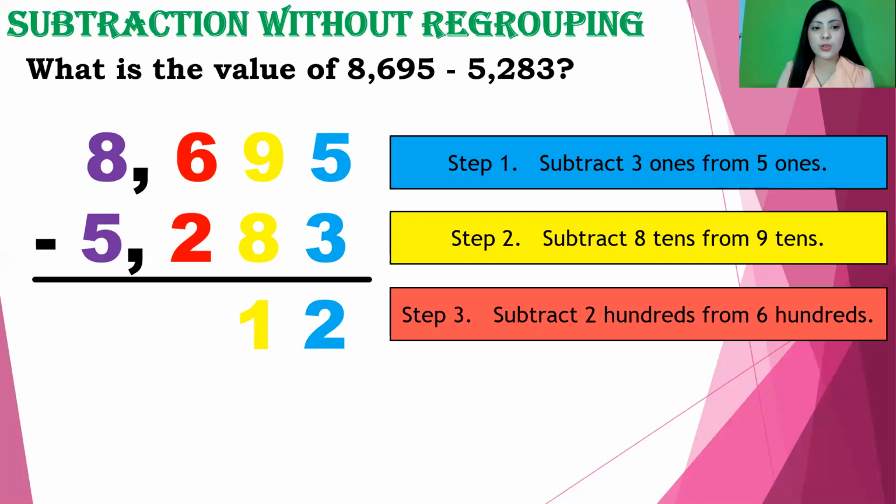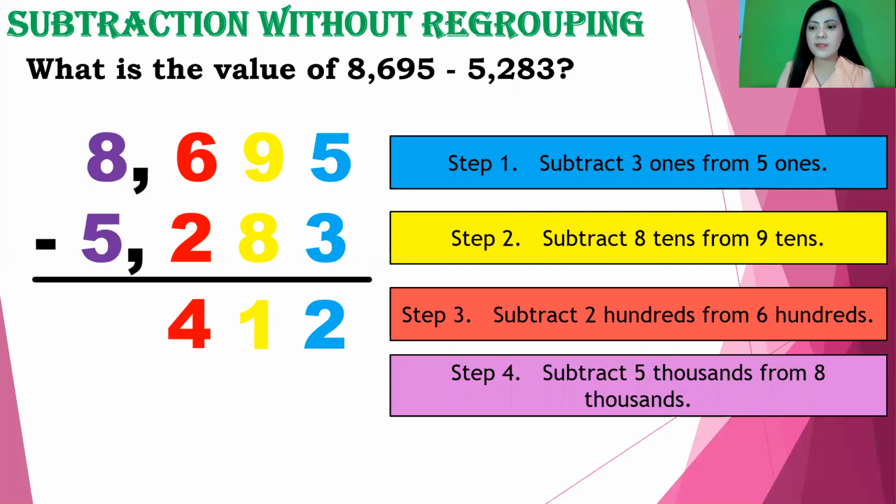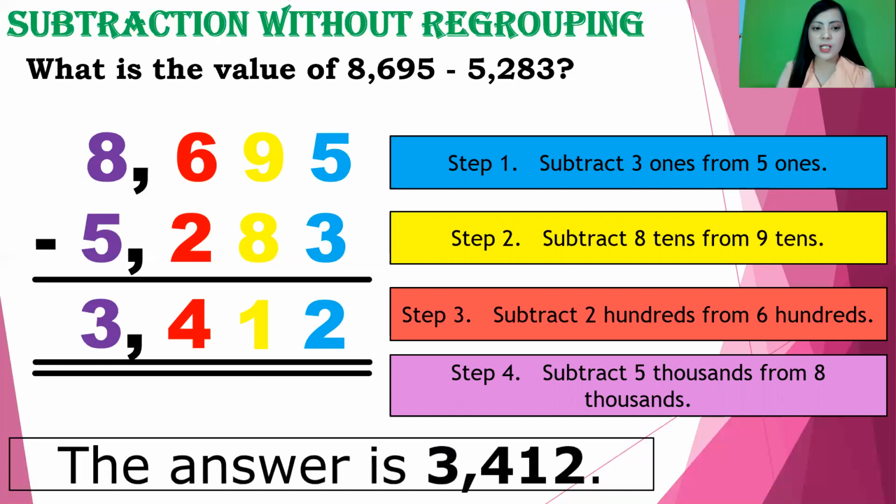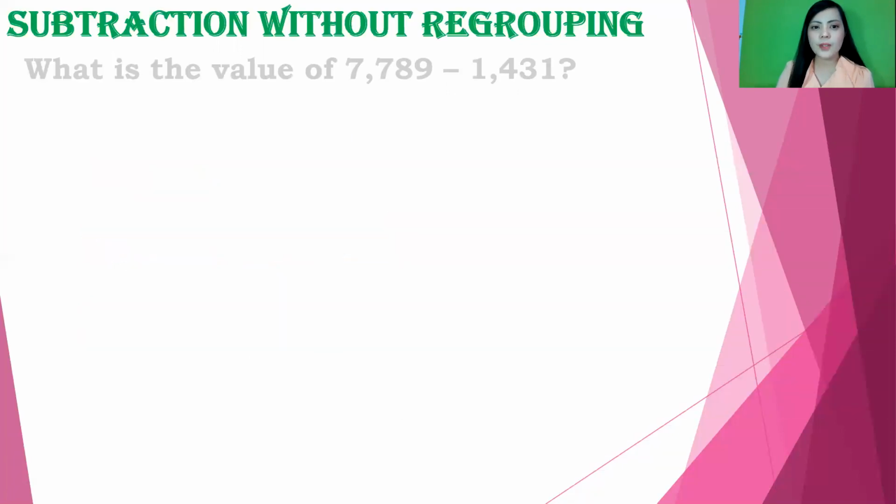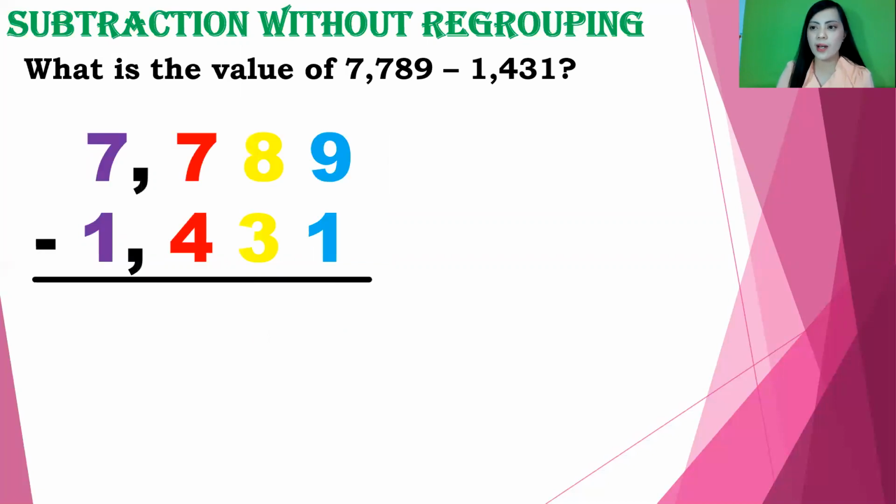So 6 minus 2 is equal to 4. Step number 4, subtract 5 thousands from 8 thousands. So 8 minus 5 is equal to 3. All right, so the answer is 3,412.